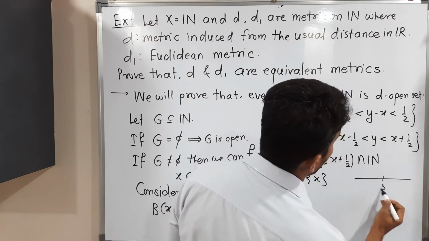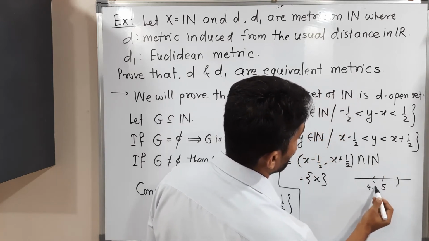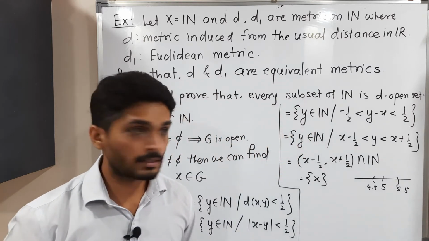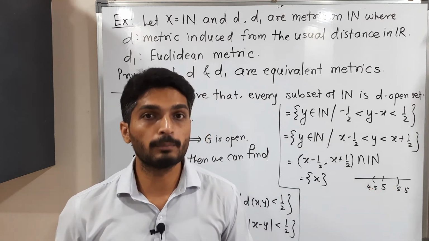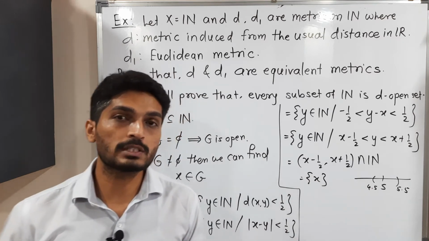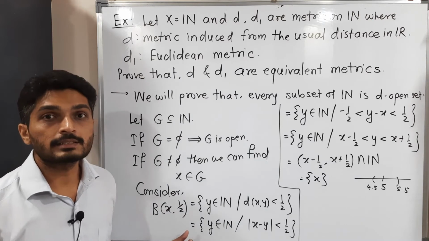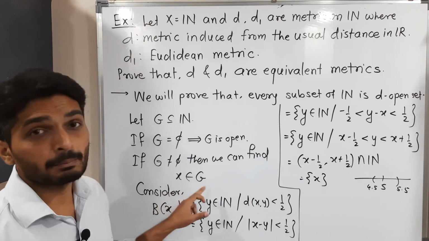If you consider 5 and take radius half, we will have 4.5 here and 5.5 here. Is there any natural number in this interval? Yes, only 5, only the center of that ball. So similarly here also, only x is a natural number which lies in that set. So our open ball with center x and radius half is nothing but the singleton set {x}. But see, x is a member of G.